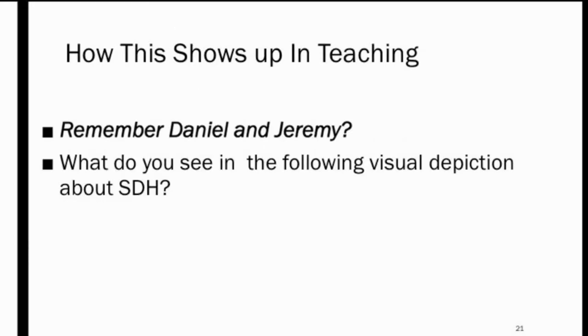And remember Daniel and Jeremy? You guys remember Daniel and Jeremy? The story at the beginning. I want you to think about them as I show you the following graphic. That is a traditional teaching graphic developed about health disparities, and it was developed by some very knowledgeable people.